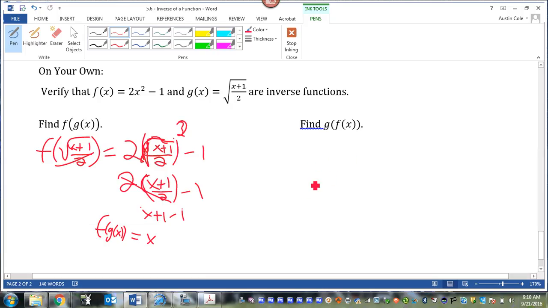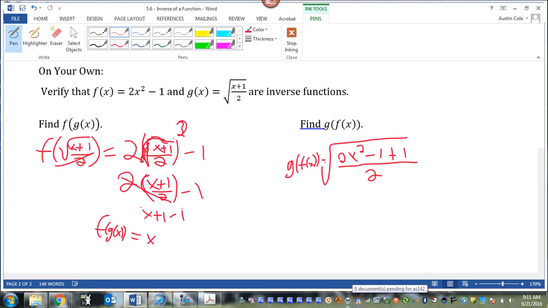So we have g of x. G is our outside function, f of x is our inside. So we have square root, g of x equals square root of x here, plug in f of x: 2x squared minus 1 plus 1, and then that is all over 2. So, talk to your partner real quick. What do you think our first step is here?